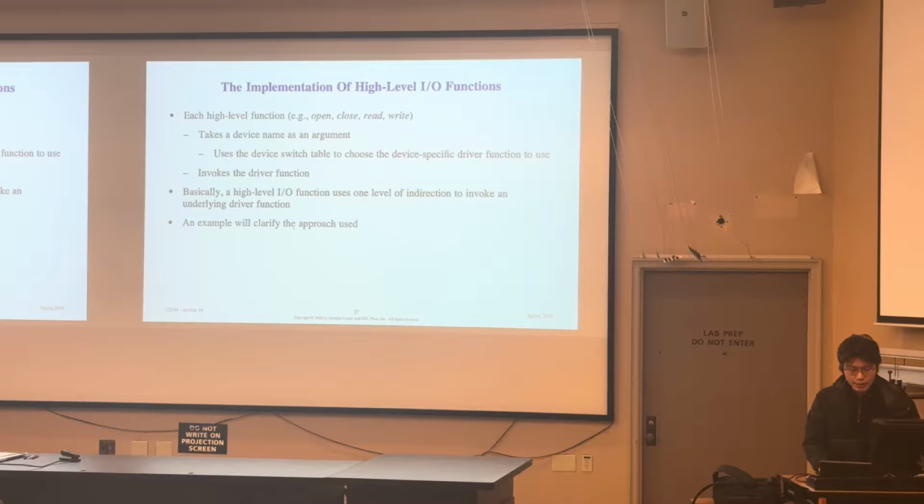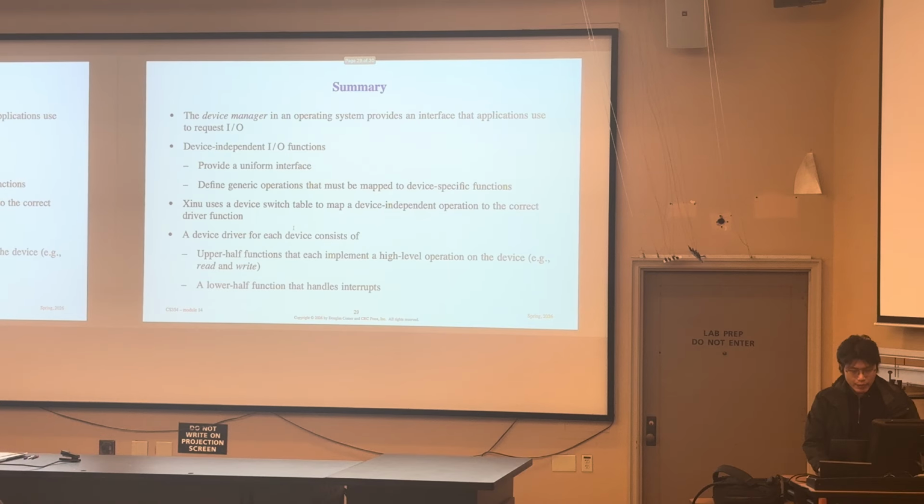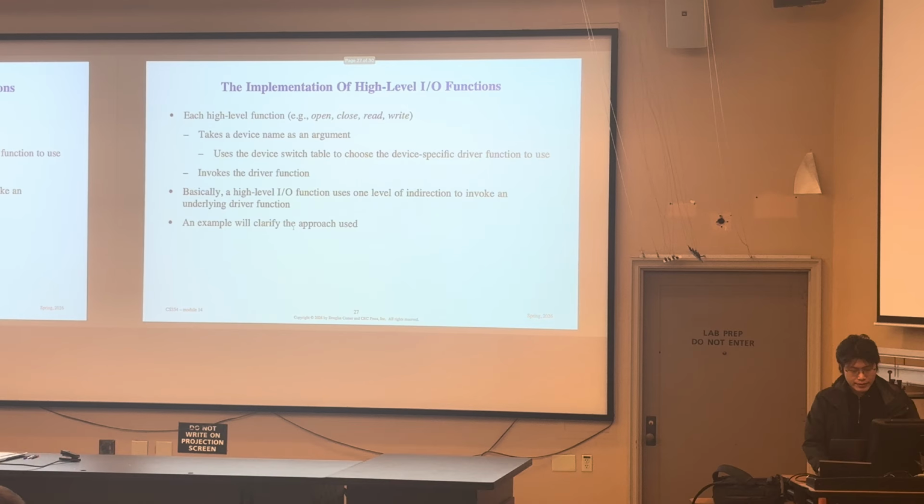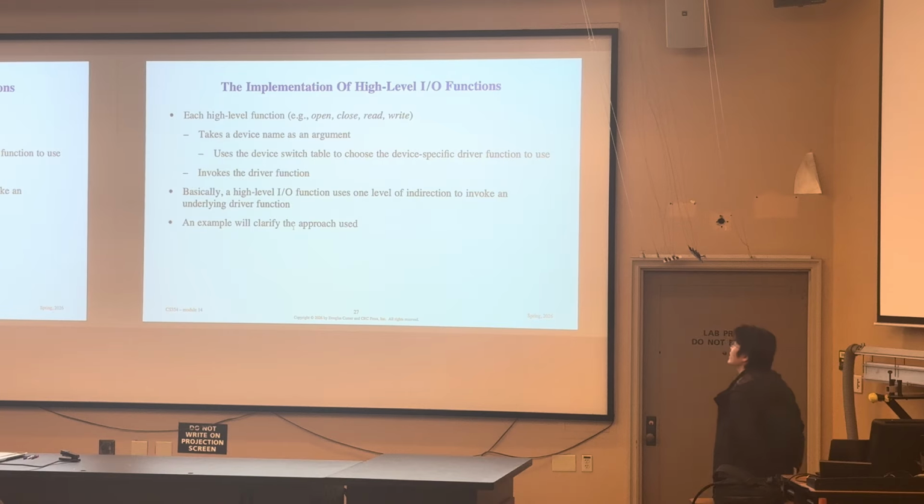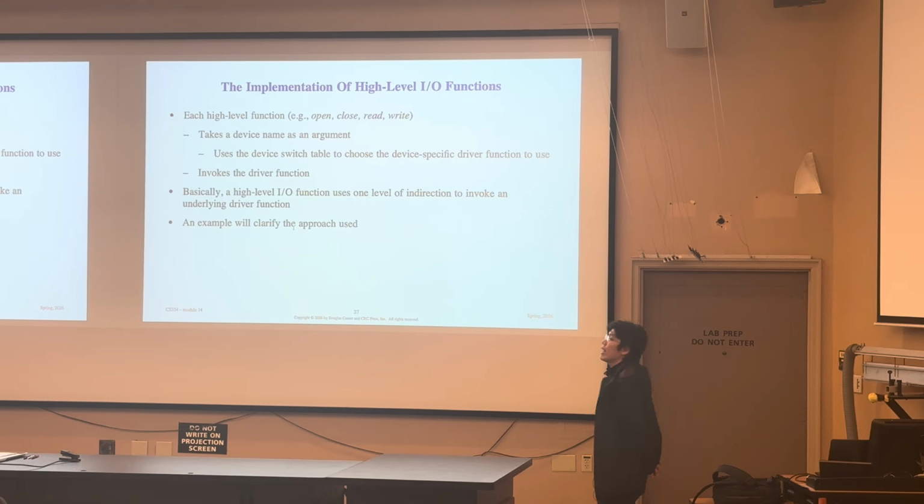Let me see. Do we have time to go through? Oh, yeah, we have one example. Okay. Almost there. So we'll use one example to explain how a high-level I/O function is implemented. Remember, the high-level I/O function is the function that the application directly invokes.